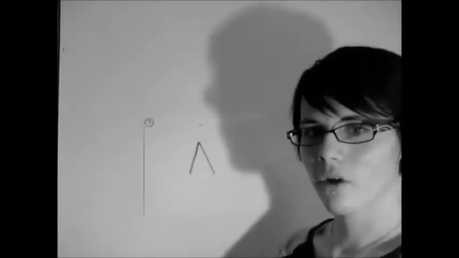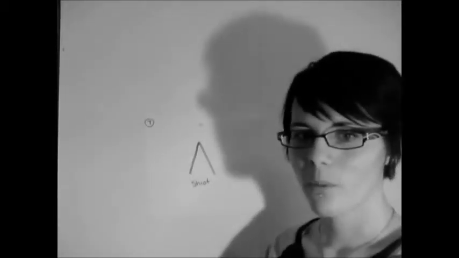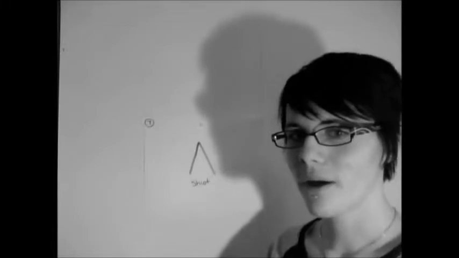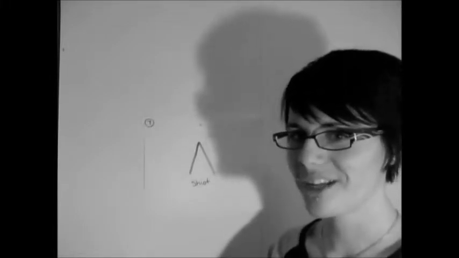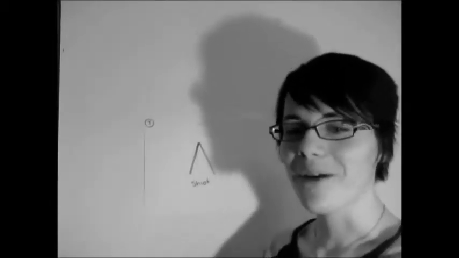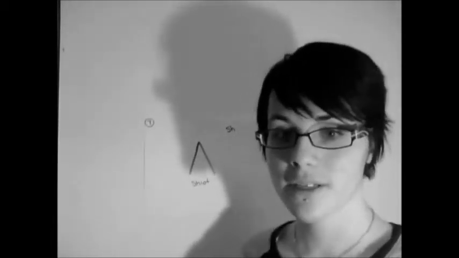The seventh letter in the Korean alphabet is called Siot. When I was teaching my sister the alphabet, she laughed at this letter because it sounds like a swear word. And she's sitting right there laughing. Anyway, Siot says sh, or just the regular s sound.